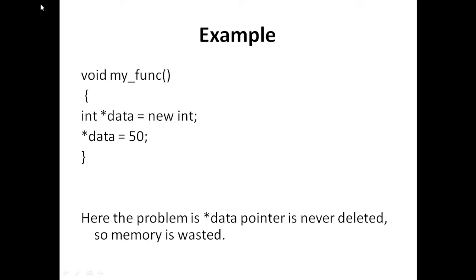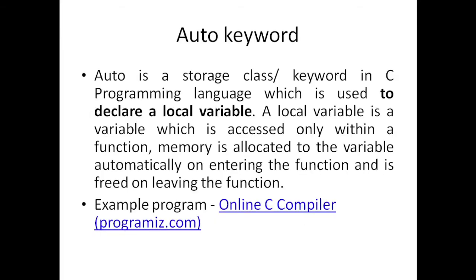So void my function, this is a function. Inside that function we have data as a pointer with integer as the data type. So star data holds 50. But the memory is wasted over here because it is not deallocated.